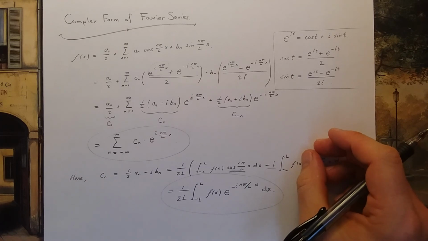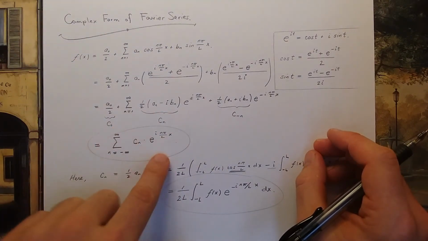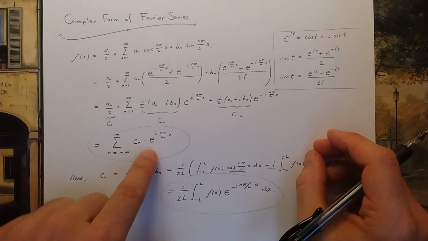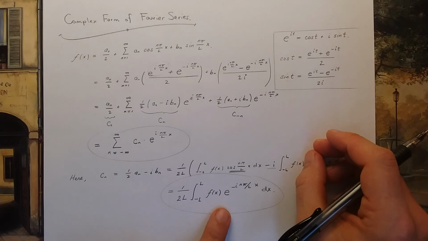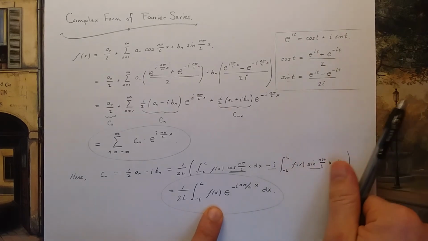So the complex form of the Fourier series you'll sometimes see, because it's such a nice, simple expression, is here where the coefficients Cn are given by this integral. All right, excellent.